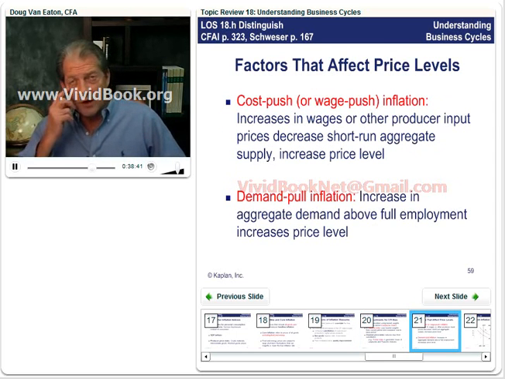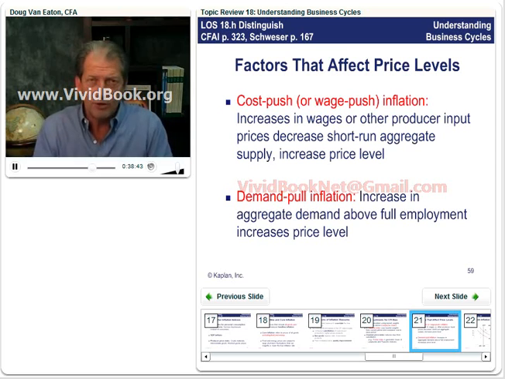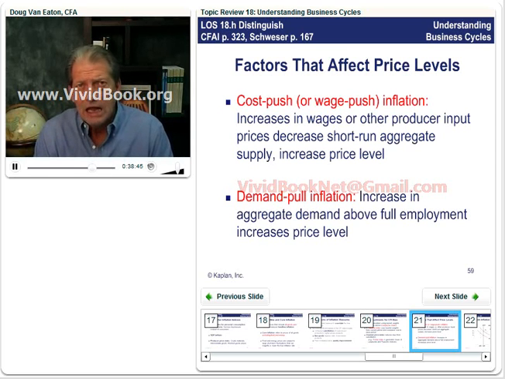Okay, what are some factors that affect price levels? Well, this is very elementary stuff here, and for what it's worth, it's named well, so you shouldn't have too much trouble. We're going to say that there's two kinds of inflation, cost-push inflation and demand-pull inflation.